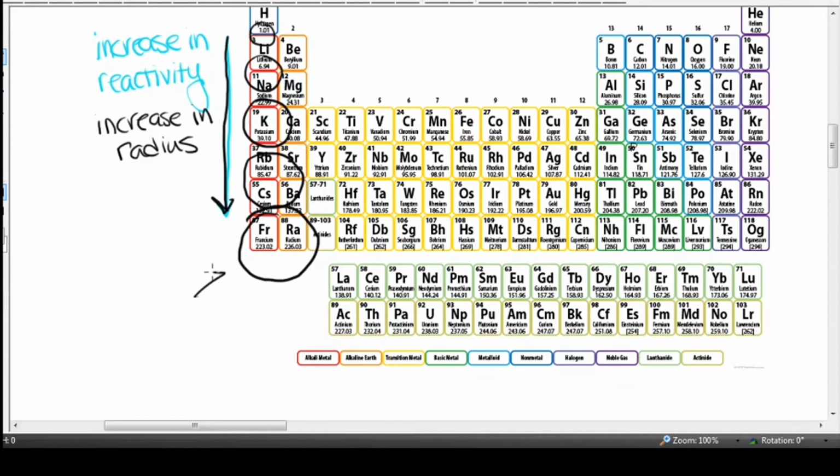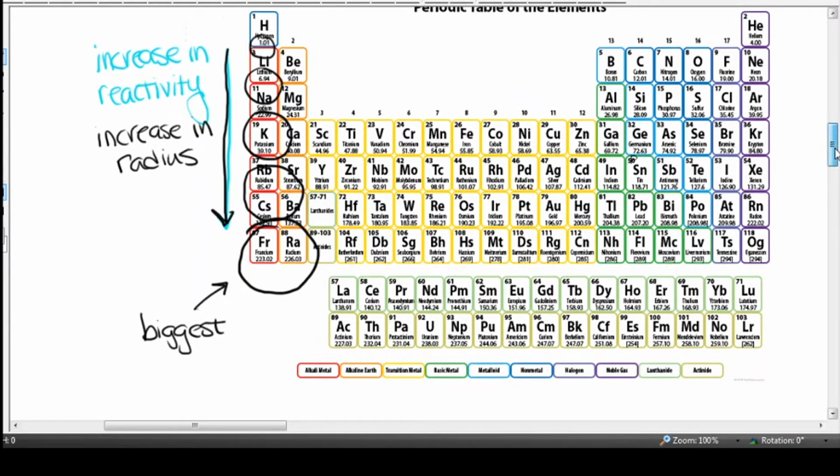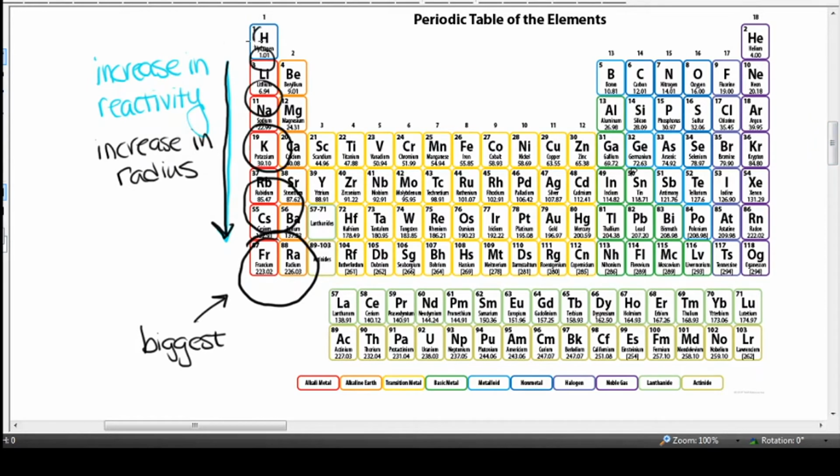Francium is actually the biggest atom on the periodic table, and we'll talk about why over on the other side. Small, and they're going to get progressively bigger. Here's why.